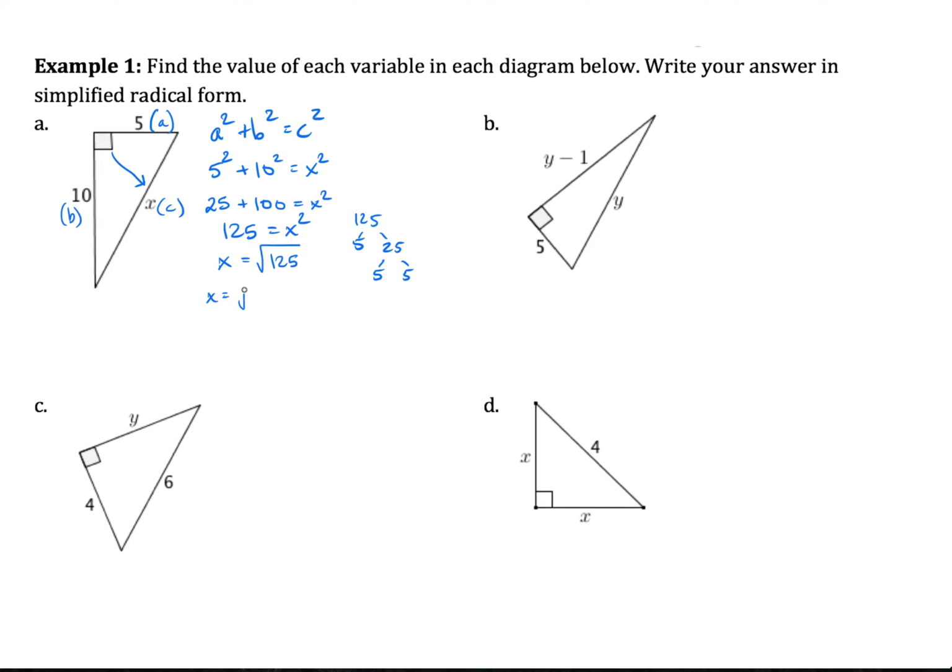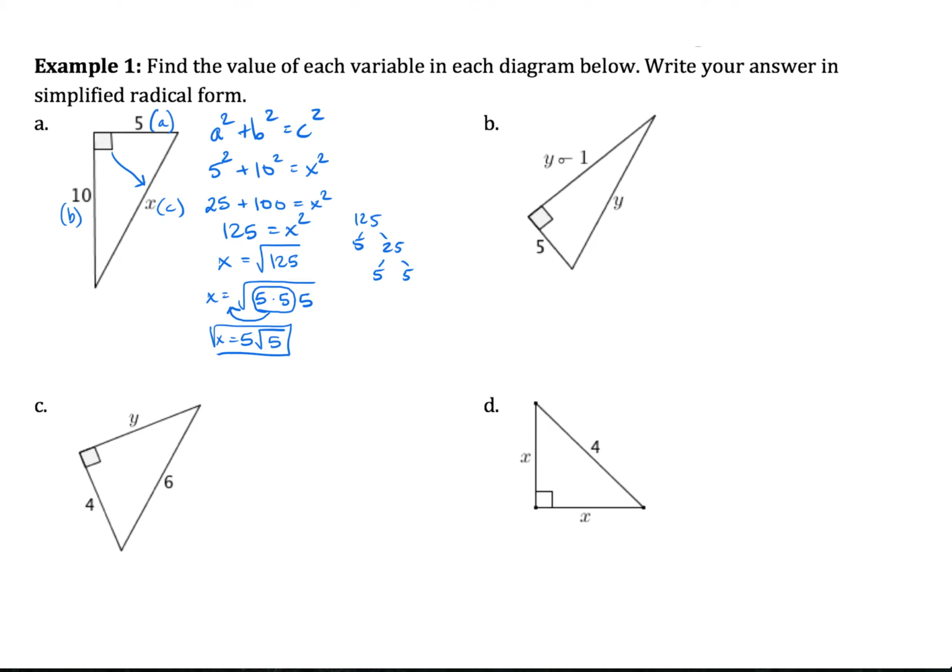So this means that X is the square root of 5 times 5 times 5. So these two 5's will circle, and we'll tell them to come outside the radical. So X is going to be equal to 5 times the square root of the thing that's left, which is a 5. So 5 root 5 is our answer for X in this diagram right here.